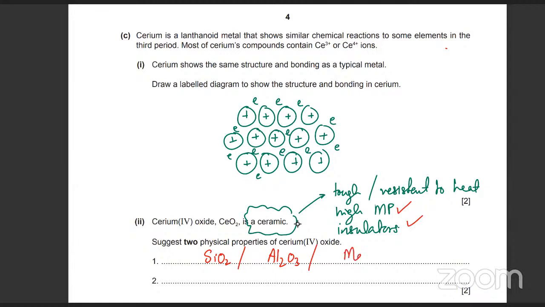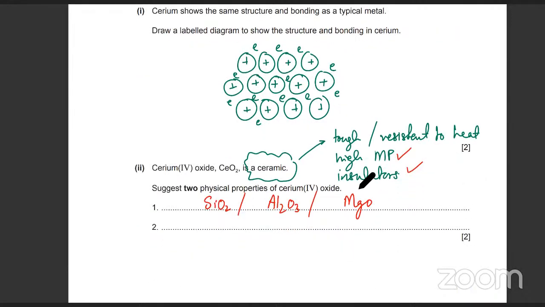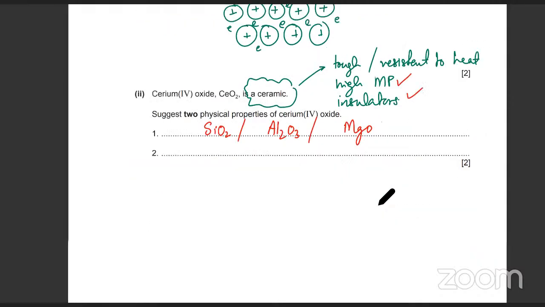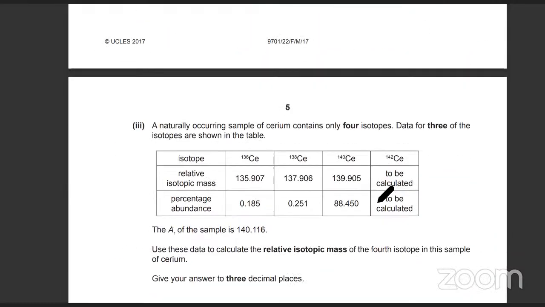And there's another one, MgO, that has a melting point almost as high as diamond, around 3000 degrees centigrade. So you use it in furnaces with extreme heat, where nothing would happen to it. So remember those three compounds.